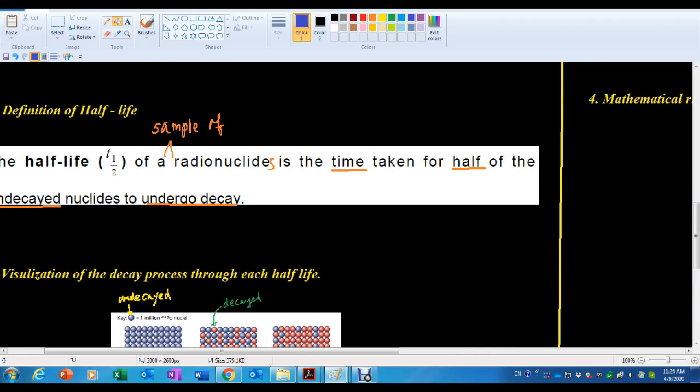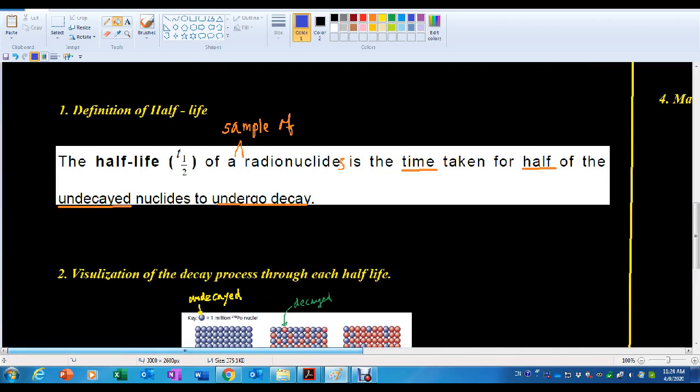Let's go back to see our definition. For our definition, the half-life of a sample of radionuclides is accounting for half of the undecayed nuclides. And this half could represent a lot of things.